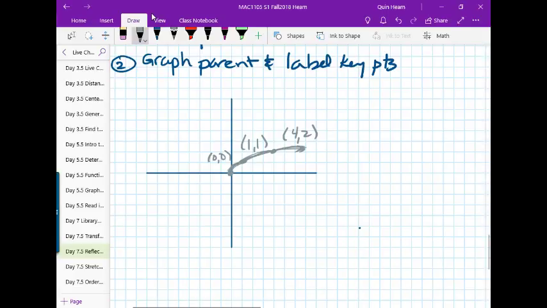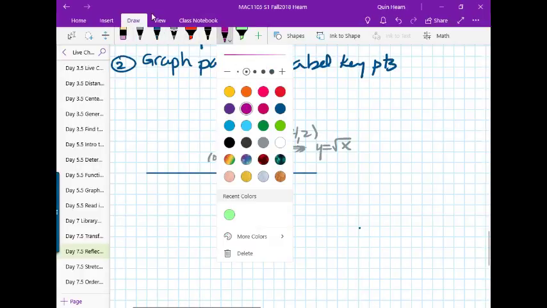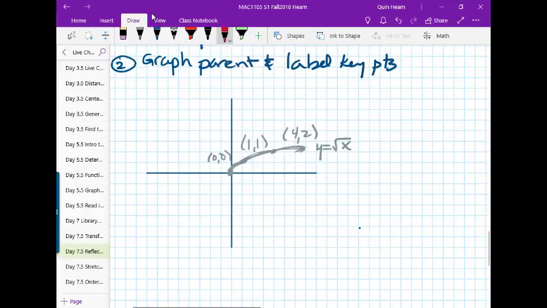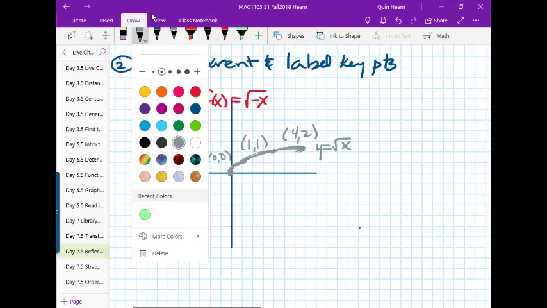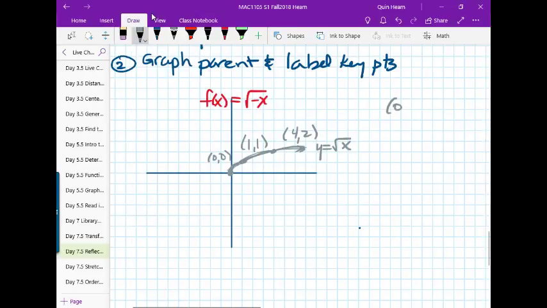All right, and then, so this is the graph of y equals the square root of x, but we want f of x equals the square root of negative x. And so we know that we're going to take each one of the key points and we're going to negate its x coordinate.